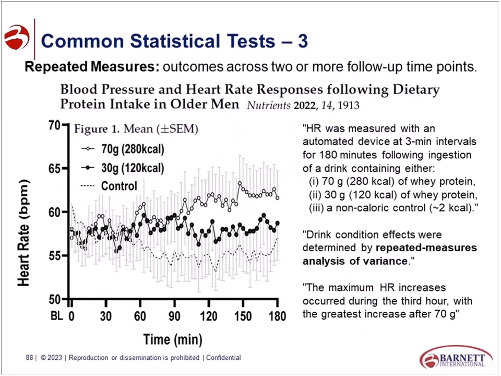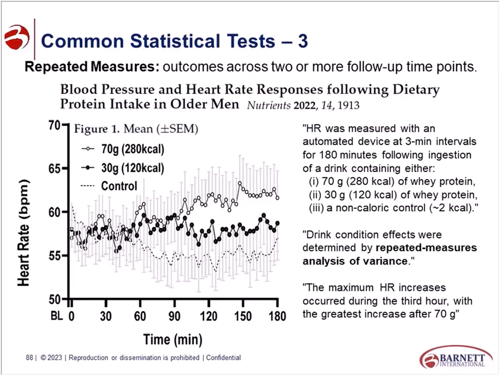Repeated measures. Here's an example looking at heart rate over time. The time measurement runs from 0 minutes to 180 minutes, which is basically 3 hours. What happens to your heart rate after you take dietary protein?